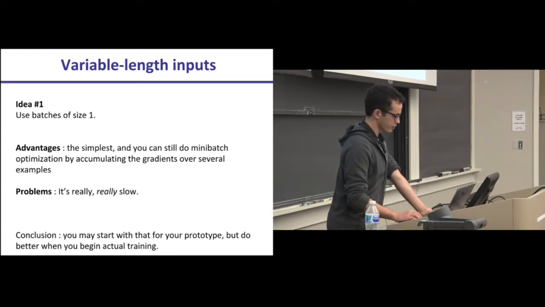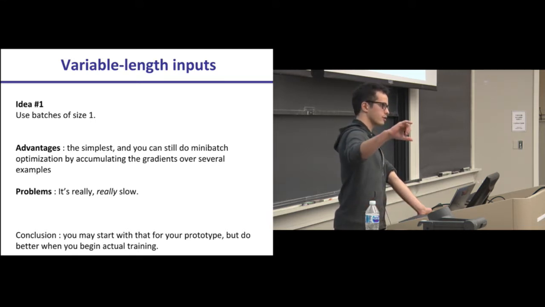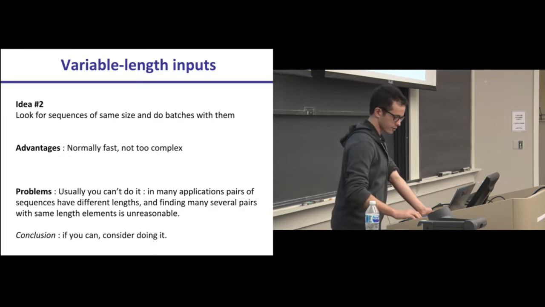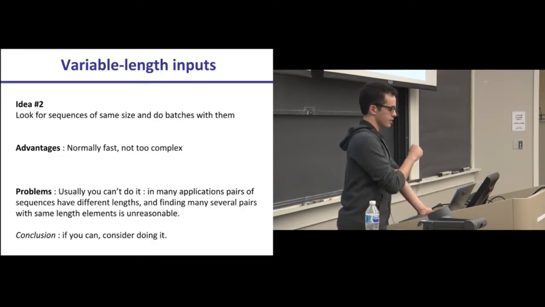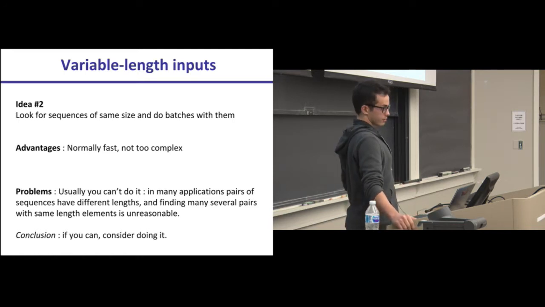Another thing you can do is take your list of sequences and, for example, extract from it all the sequences of size 5 and create batches just with sequences of size 5. So you look for sequences of the same size and build your batches with that. That's not a bad idea either.